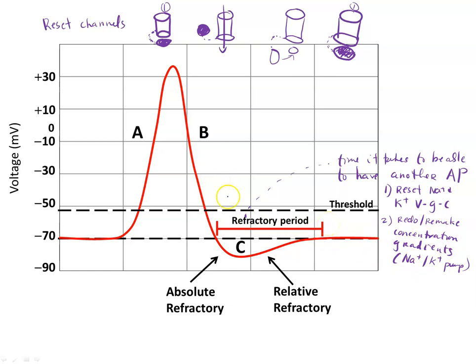Now, I want to show you folks here in this area, the refractory period can be broken up into 2 portions, right? So I'm just going to draw this line in the sand, if you will. Now, absolute refractory is this period of time where you absolutely cannot have an action potential.